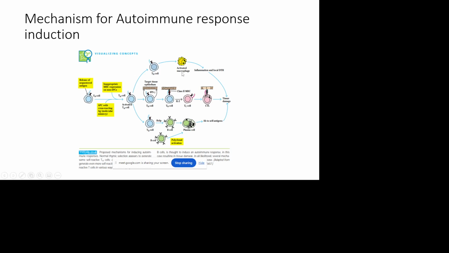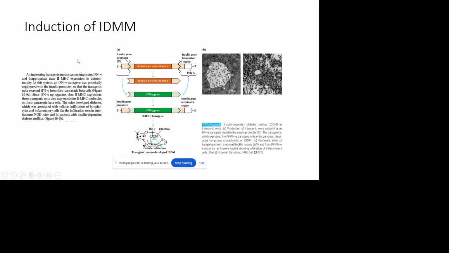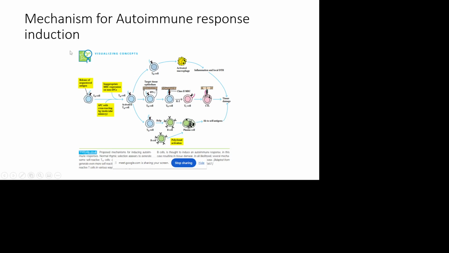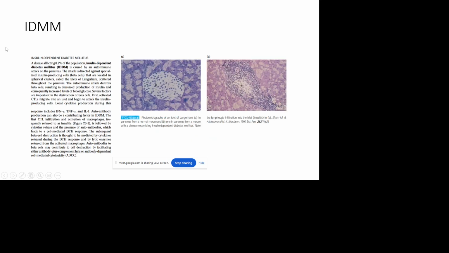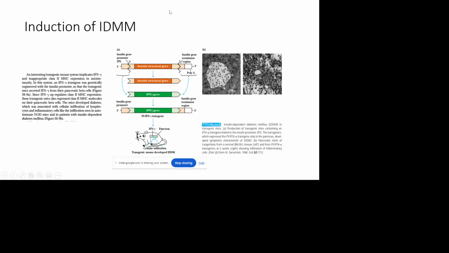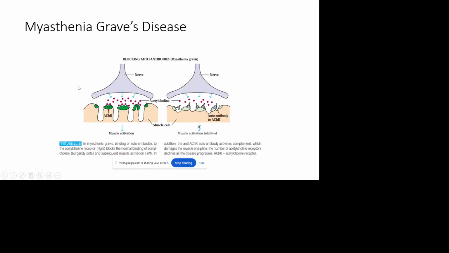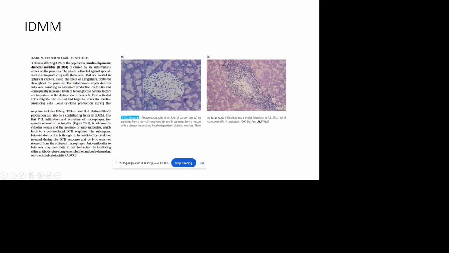So now we saw the mechanism for autoimmune response induction. Next is induction of insulin dependent diabetes mellitus, IDDM. If you remember, in IDDM we saw that the pancreas image of a diseased patient was full of lymphocyte infiltration into the beta cells of the islets of Langerhans, which secrete insulin, right?